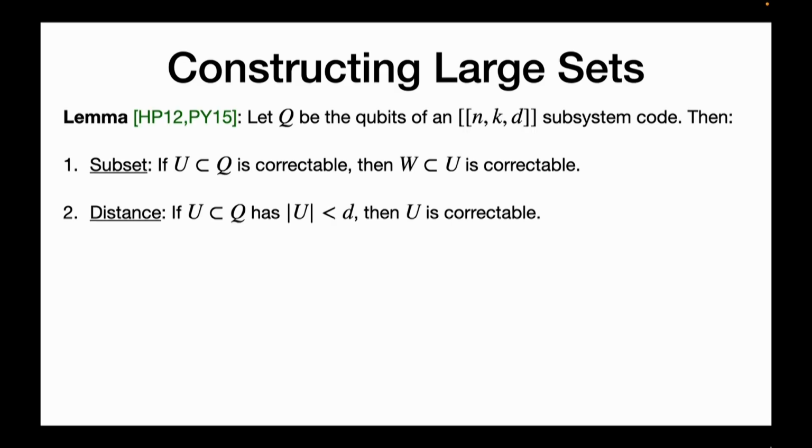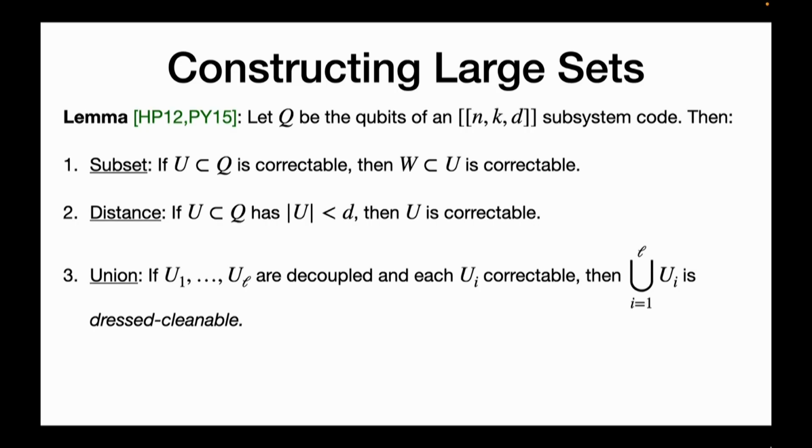The second property is called the distance property, and it says that if we have a subset of qubits that has size less than the code distance, then this is a correctable set. This is also clear just from the definition of the code distance, which is the number of erasures that the code can tolerate. So by definition, if there are fewer qubits than the code distance, then we can erase them all and still be correctable.